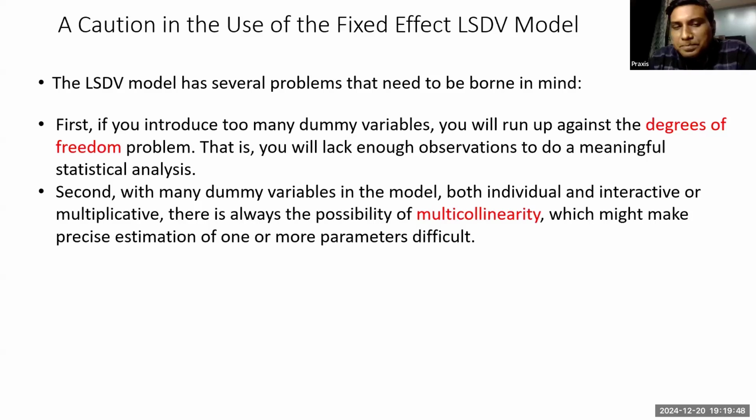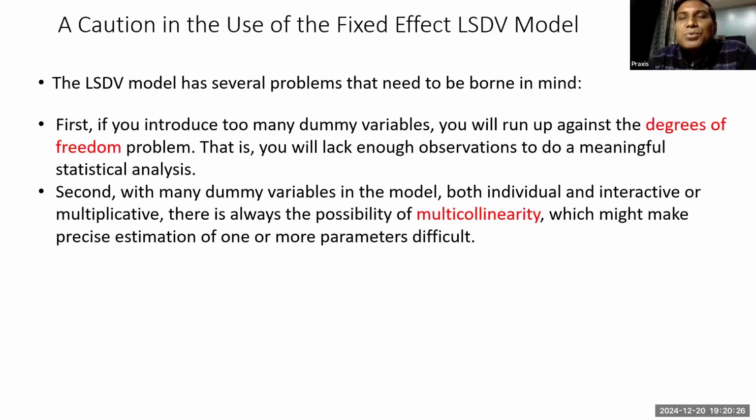The second problem is, when you have too many dummy variables in the regression, even if you do not use interactive or multiplicative terms, where you multiply the dummies with some of the regressors, even if you do not do that, if you have too many dummies in the model, these dummies, being the individual fixed effects, are expected to correlate with the other regressors, right?